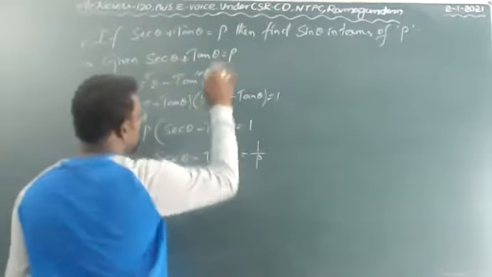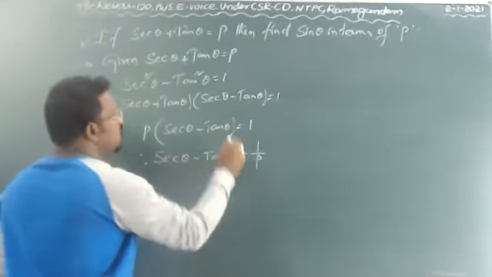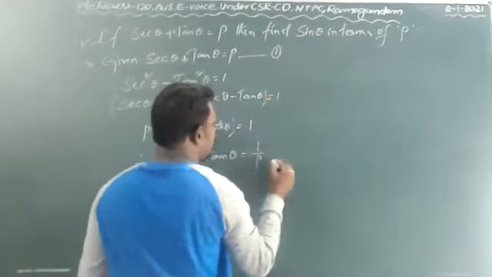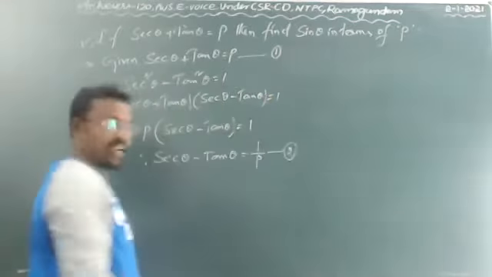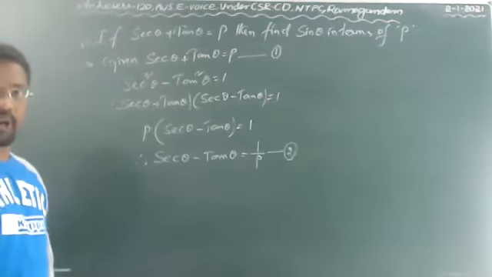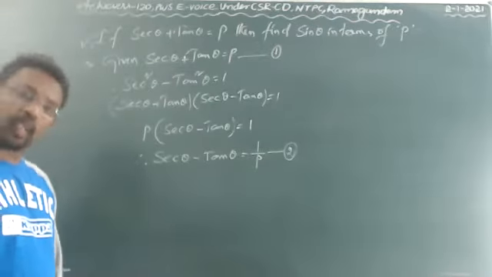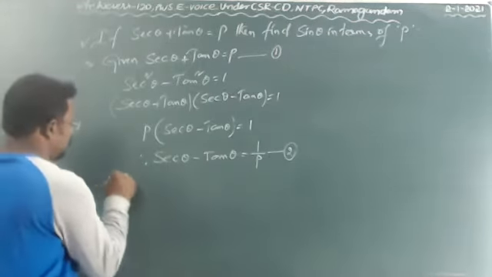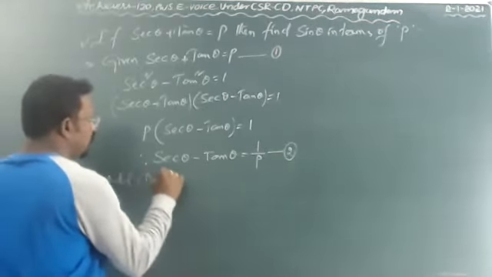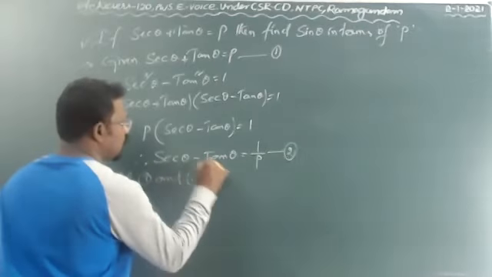Secant plus tan is equal to P; let us take this as the first equation. Secant minus tan is 1 by P; let us take this as the second equation. Now add the first equation and the second equation.